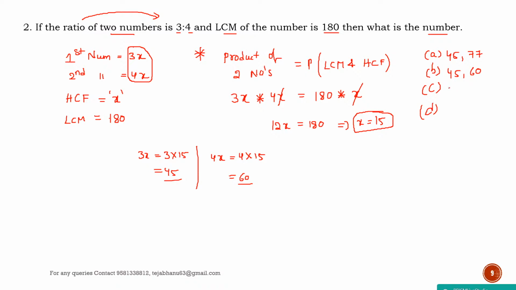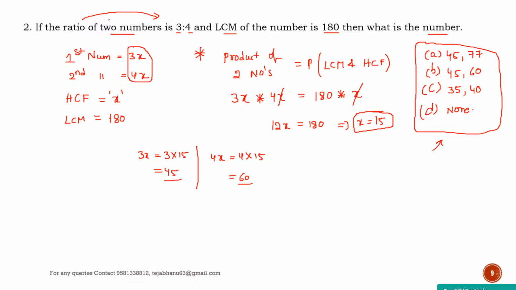The third option is, for example, 35 and 40. The fourth option is none of the above. These are the options given in the examination. Now, have a look, dears.